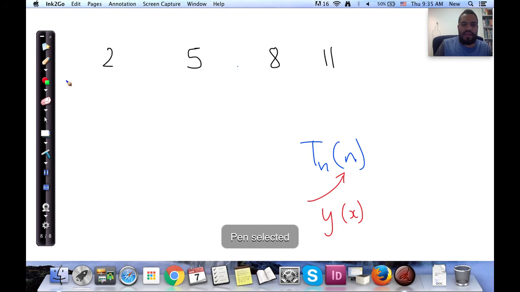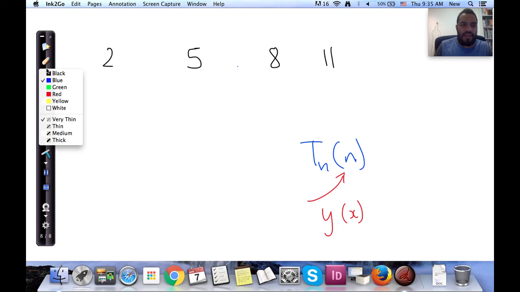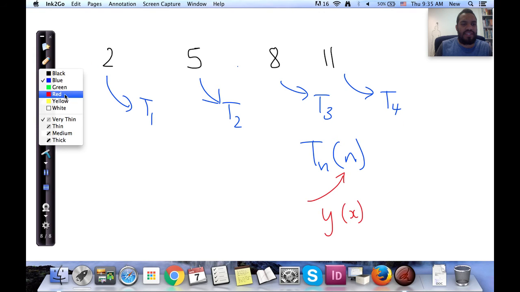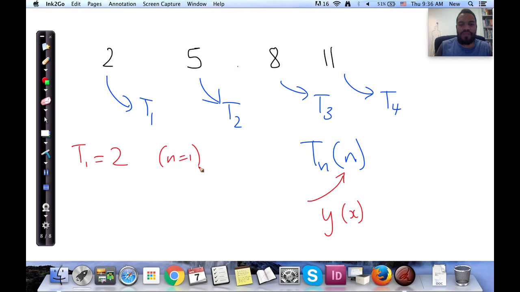So this is T1, this is T2, this is T3, and this is T4. T1 is equal to 2, and it corresponds to n equals 1.